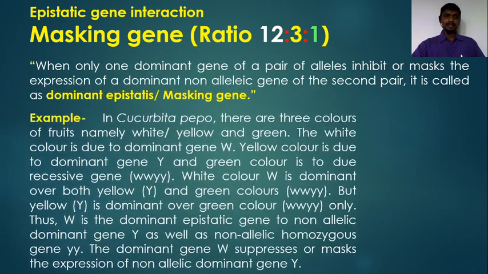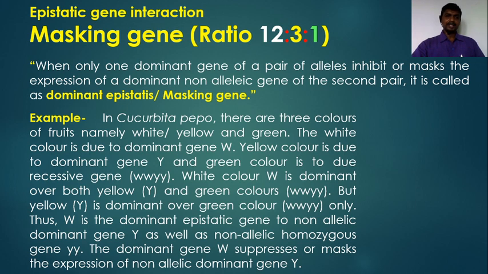For example, in Cucurbita pepo, there are three colors of the fruits, namely white, yellow and green. The white color is due to the dominant gene W, the capital W. If the gene is dominant, we write it in capital letters.